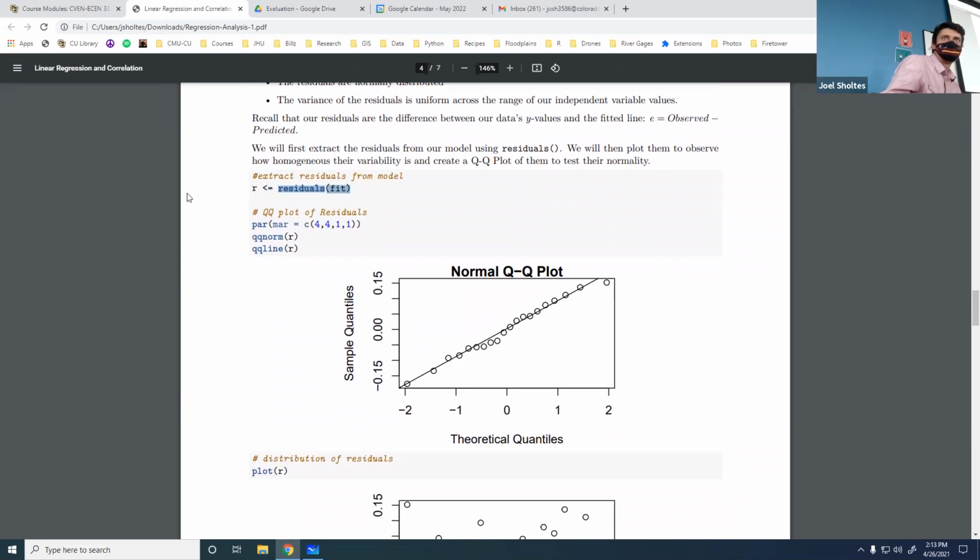So if I extract the residuals and put them in this object r for residuals, I can just do qqnorm and qqline and do a quantile plot. If my residuals are normally distributed, then they should fall closely to this line. If they're not, you'll see some weird pattern.